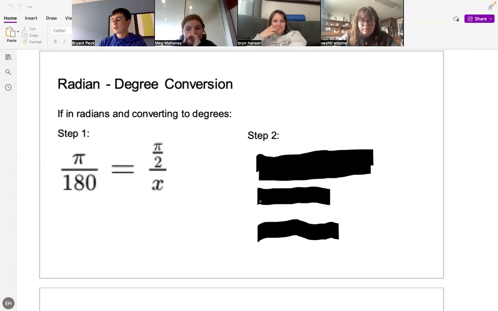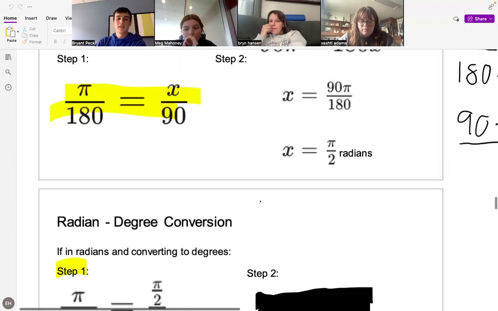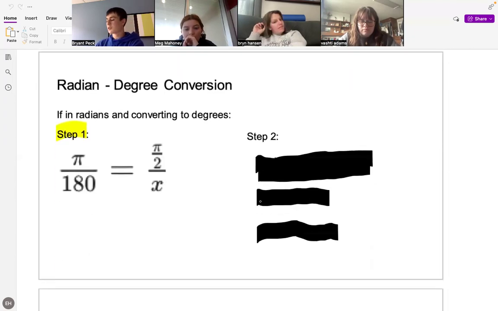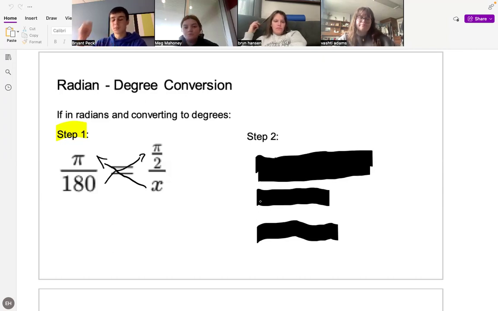Well, we're going to use step 1 right here, similar to what we did in the above example. We're going to set up a proportion, which is written here for you. And then we're just going to cross multiply, because based on our law of proportions, that is something that we can do.